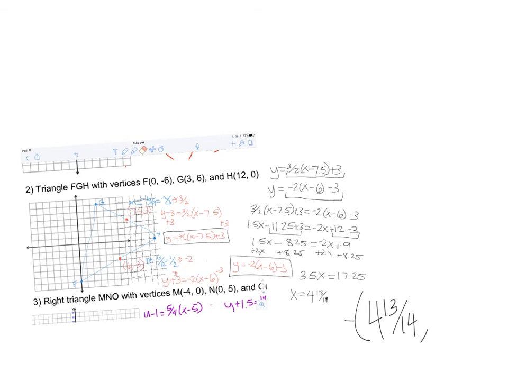If I take that and I go back to one of these two equations and plug that in for x, I can solve for y really easily. So I'm going to store that answer in my calculator. Again, if you don't know how to do that, have me show you sometime. And I'm kind of partial to the second one where it's negative 2 times x minus 6 minus 3.